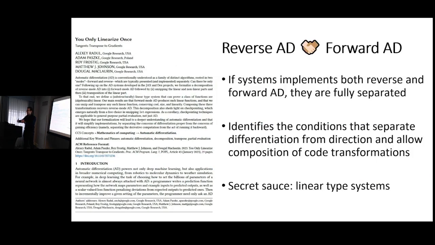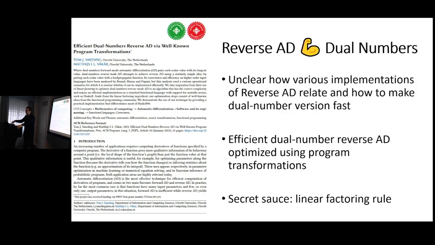First paper is telling us how to get both reverse and forward AD implementations from the same starting point, and identifies the conditions and the set of transformations you can apply to get both of those implementations derived together. The second paper is showing us how we can use the strength of dual numbers in reverse mode automatic differentiation, and how to optimize it to actually be competitive with other reverse AD algorithms.